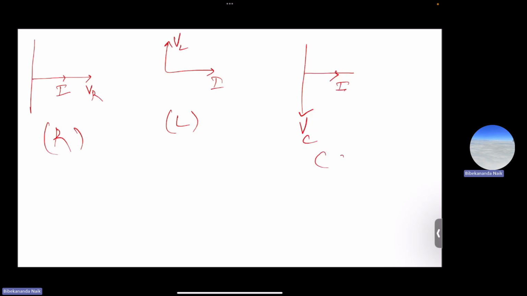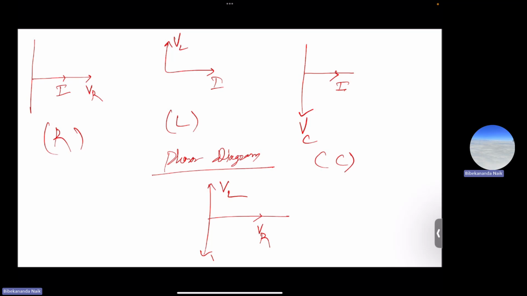And if you make the sum of all, what will be the phasor diagram? Suppose this is the axis, so this is VR, this is VL, this is VC, and this is I. This is 90 degrees, this is 90 degrees, and this is the way time moves or varies.